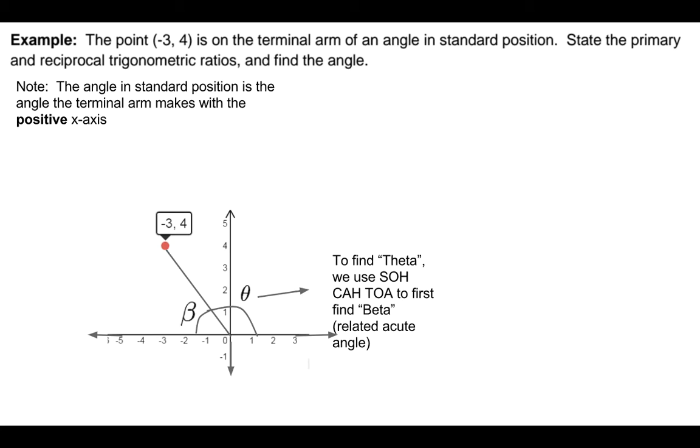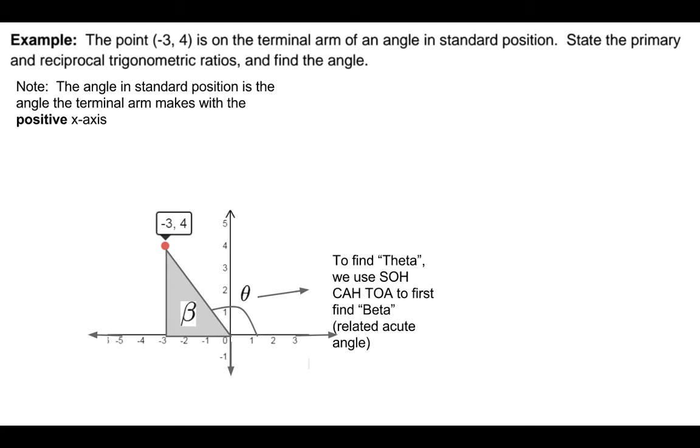Beta is the related acute angle. It's very closely related to theta. Actually, the ratios are all the same. It's just the difference with theta is it can take on values that potentially are negative for the x's or the y's. And in this case, the x value is negative.